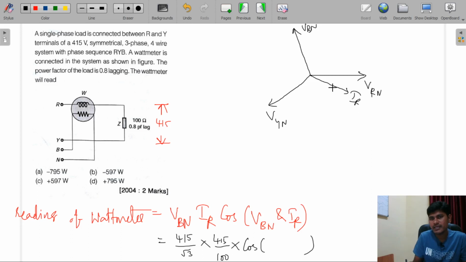This will be IR, which lags VRN by angle phi. Here cos phi is equal to 0.8. Then what is the phi? Cos inverse of 0.8, that is 36.869 degrees.